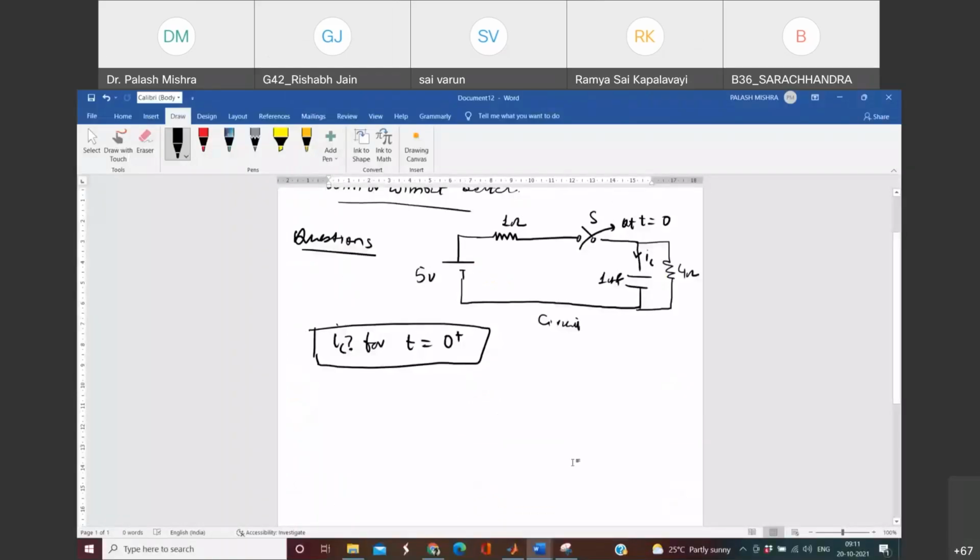Yes, sir. So this is the question given. This is a circuit given, and this switch S is opened at time t equals 0. You have to find out the current through this capacitor for t equals 0 positive.